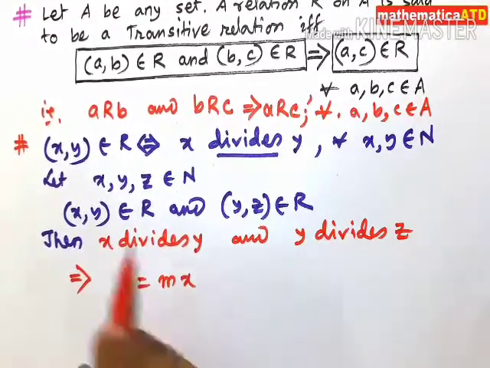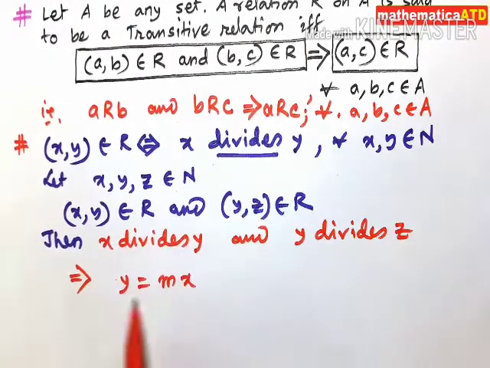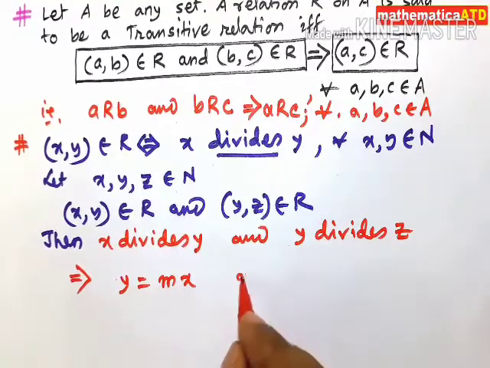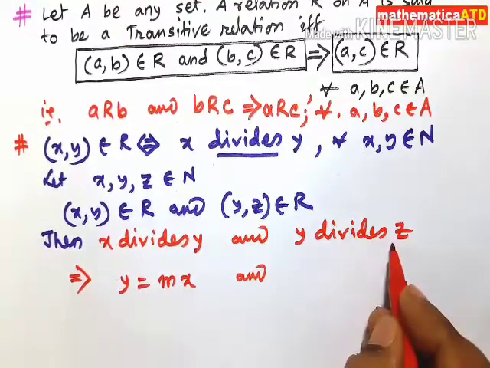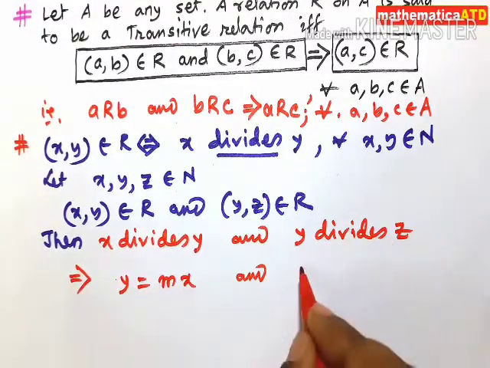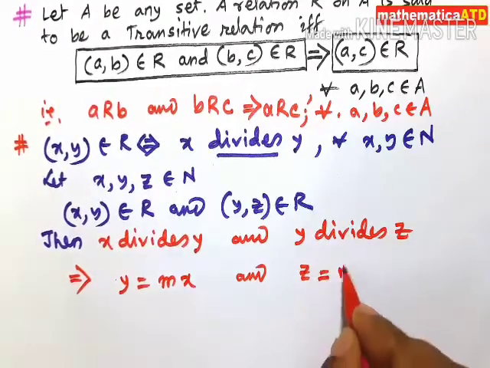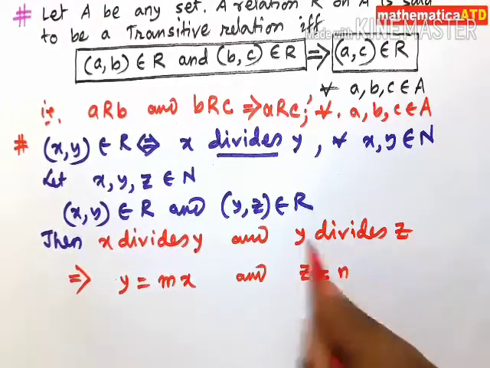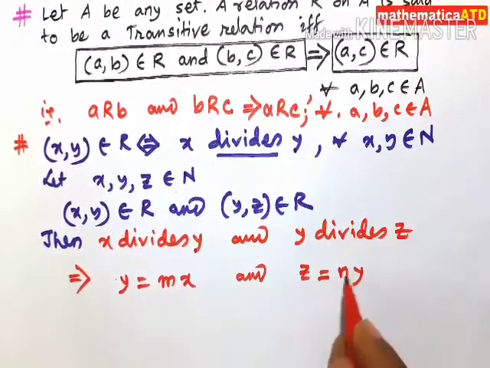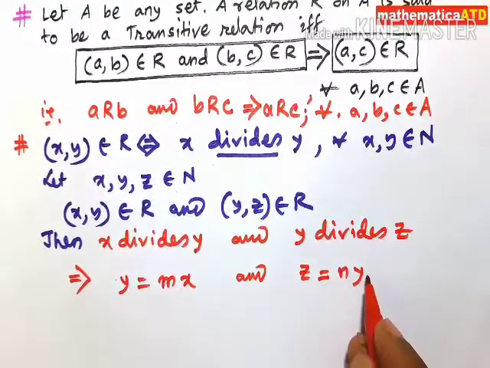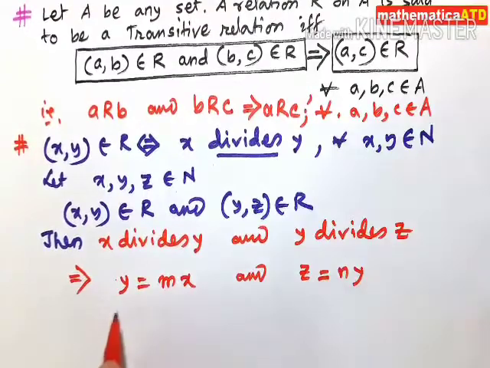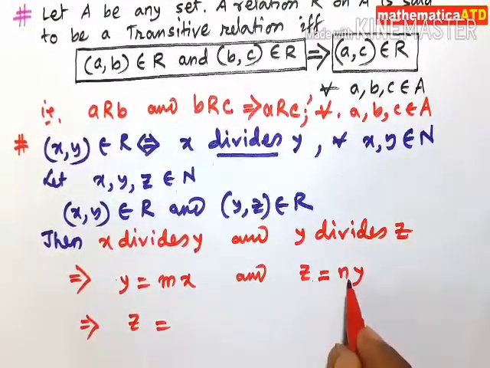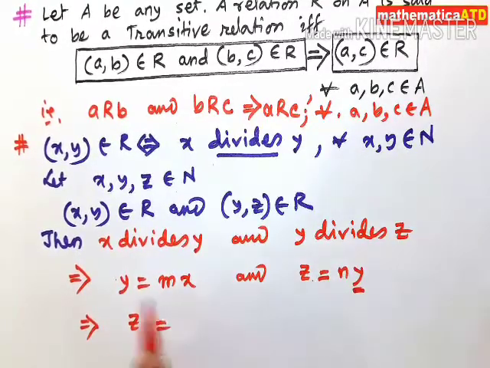x divides y, so y can be written as m times x, where m is a scalar quantity, and since y divides z, we can write z is equal to n times y. So y is equal to mx.